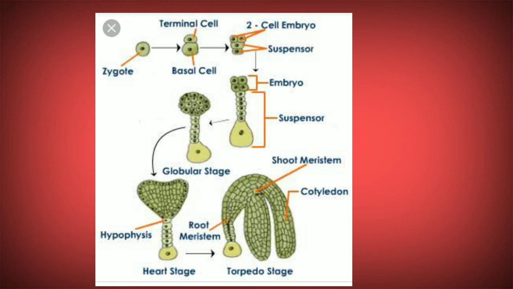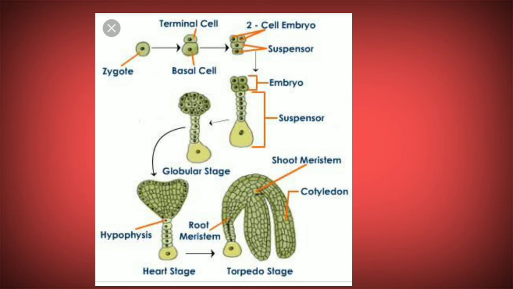Now, as the heart-shaped structure elongates, in a typical dicotyledonous embryo we can see the embryonal axis and two cotyledons. The embryonal axis terminates with a dome-shaped structure right at the middle of the two cotyledons, which takes place in dicotyledonous plants.